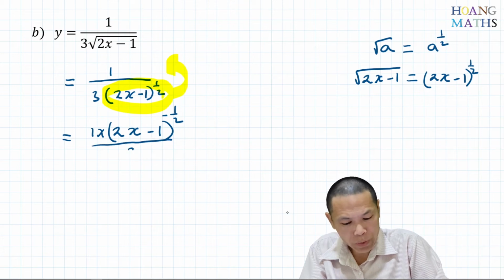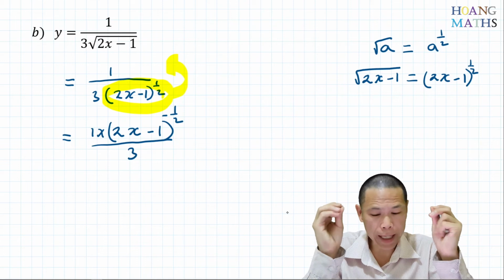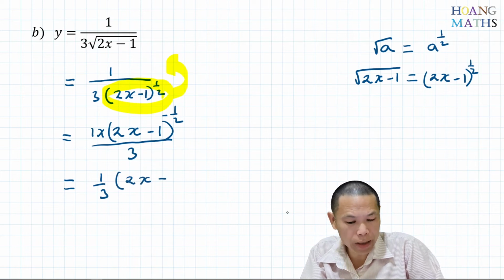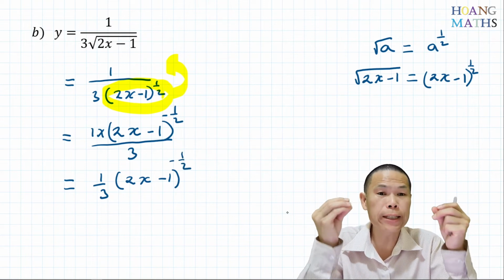This is exactly the same as a third times 2x minus 1 to the power of negative a half. The reason I write it like this is that it's easier when you differentiate.